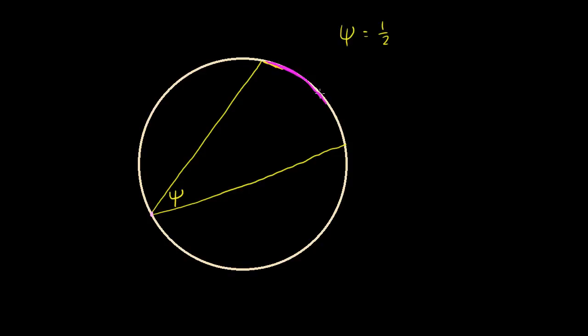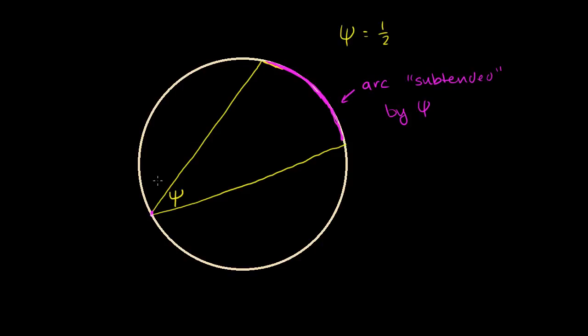This right here is the arc, let me write it this way. Arc subtended by psi, where psi is that inscribed angle right over there, the vertex sitting on the circumference.